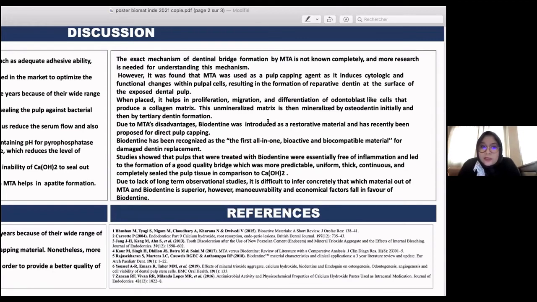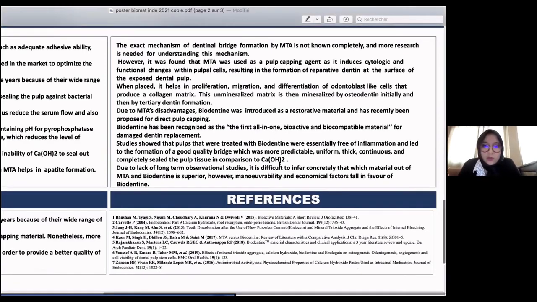Due to MTA's disadvantages, biodentin was introduced as a restorative material and has recently been proposed for direct pulp capping. It has been recognized as the first all-in-one bioactive and biocompatible material. So this is the dream biomaterial, if you permit, for damaged dentin replacement, but it's not lacking disadvantages also.